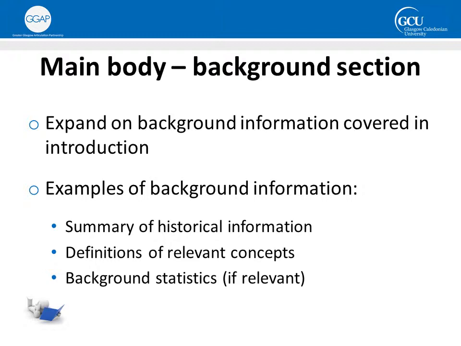In the first section of the main body of your essay, you can go into a bit more detail in this. Again, the kind of information to be included in this section will depend on the essay question, but typical examples include things like a brief summary of the history of the topic, definitions of relevant concepts, and background statistics that might be relevant. So let's consider an example.